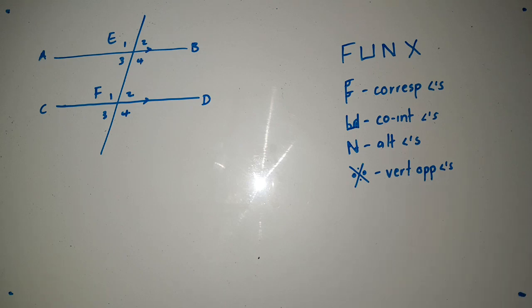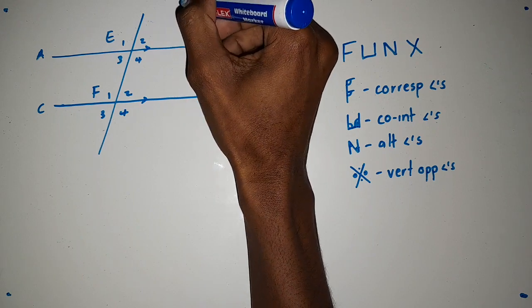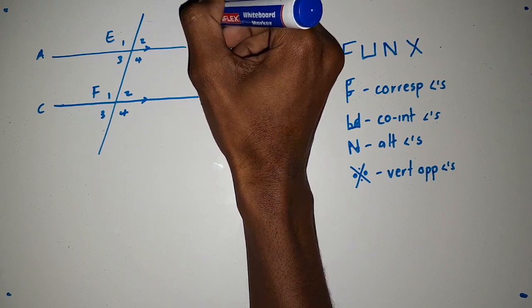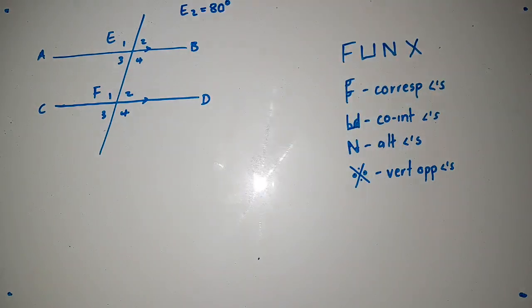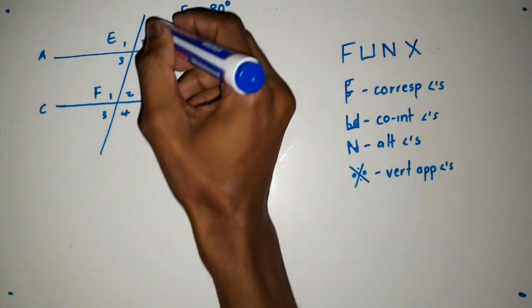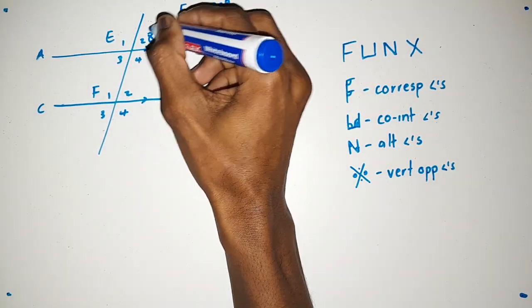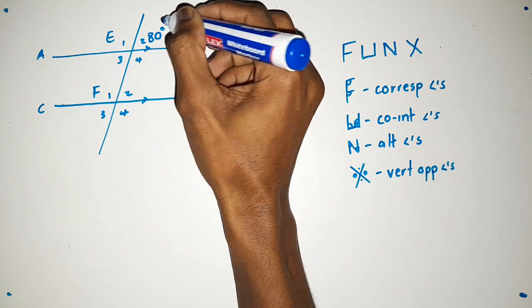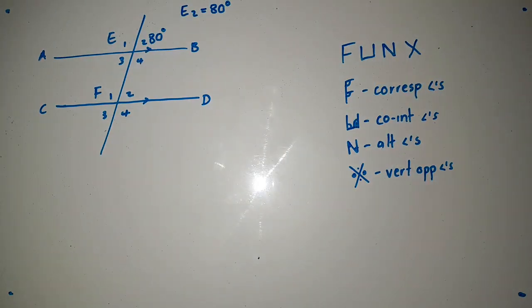Then now I'm going to give you, let's say, E2. Let's say E2 is 80 degrees like this. Let's say if they say to us this one is 80 degrees, then I ask you a question: what is going to be the value of F2?